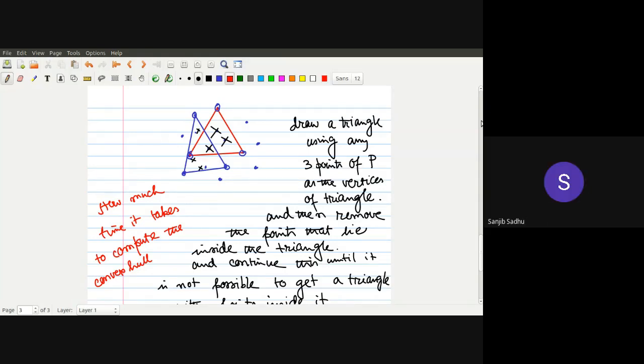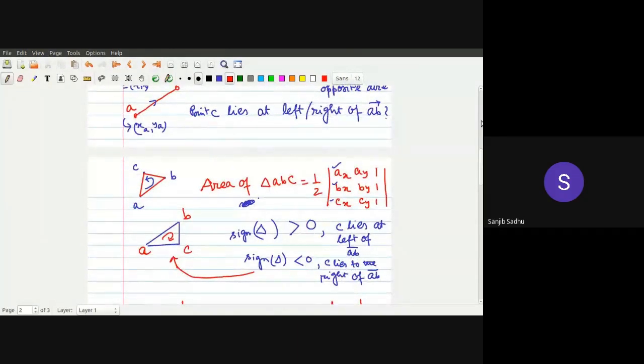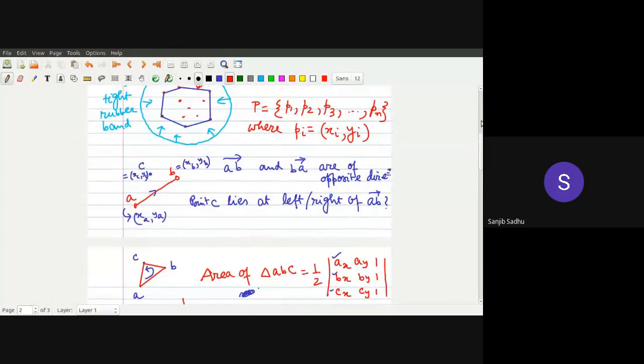Why? Because suppose the triangle A, B, C, and suppose there is a point D. Now, with respect to AB, BC, and CA, if the point D lies at the same side always, then it is inside.